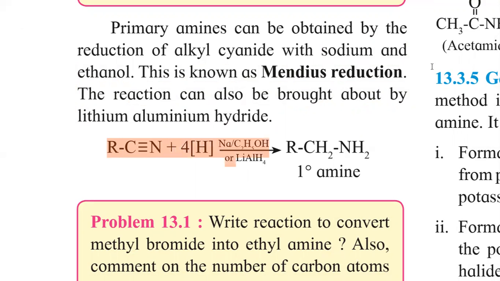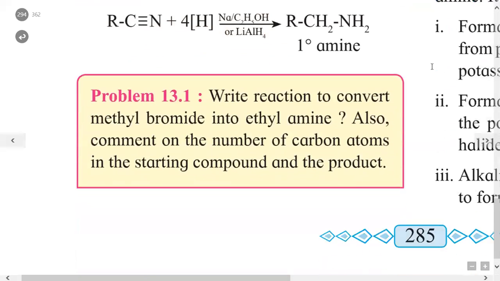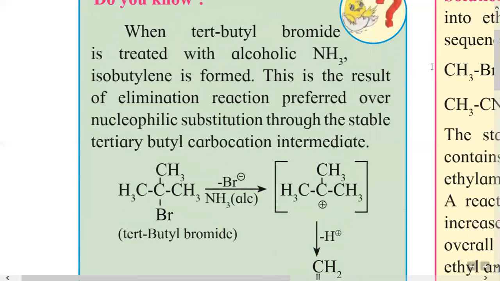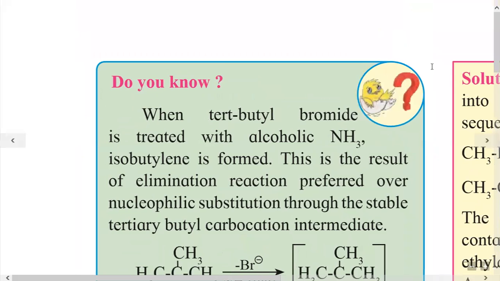When treated with sodium and ethanol or lithium aluminium hydride, it gives 4 nascent hydrogens which are added across the carbon nitrogen triple bond, and this triple bond becomes a single bond and it forms RCH2NH2. It is a primary amine. This is Mendius reduction.